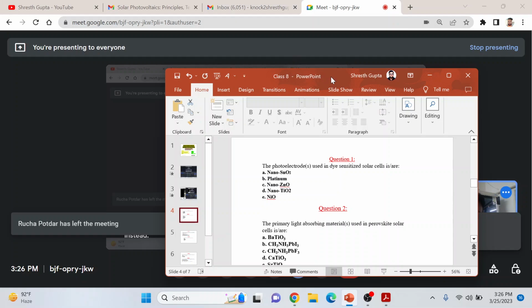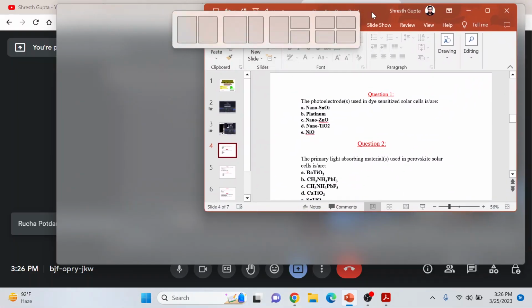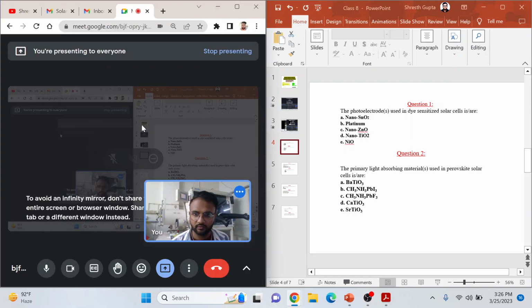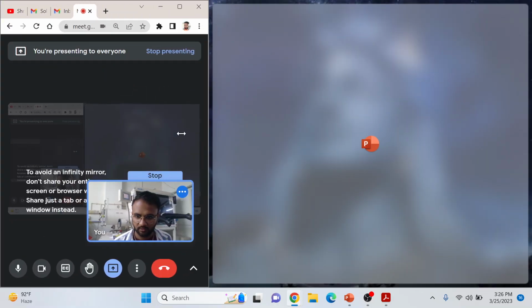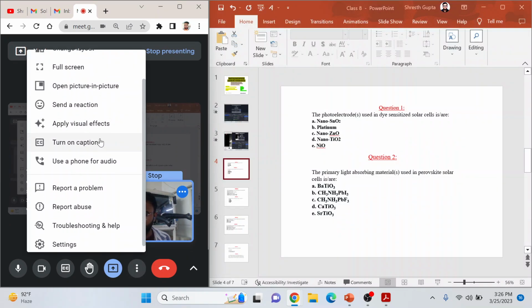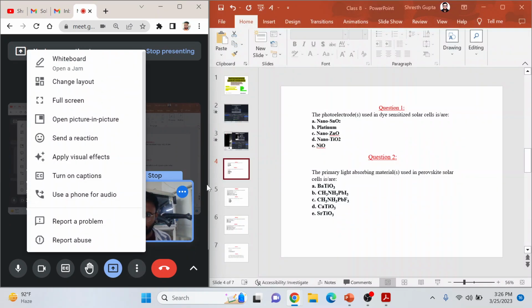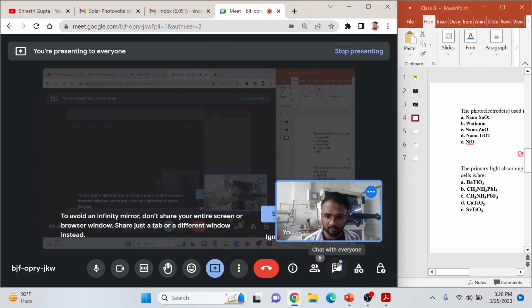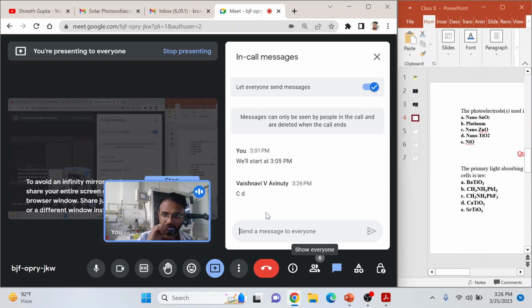Who is it? C and D. Some people are writing in the chat box also, so I have to see it. Vaishnavi is saying C and D, and it was you, Melee, right?